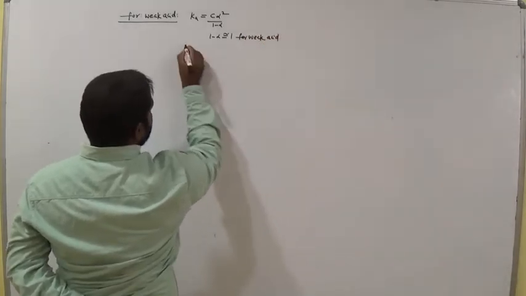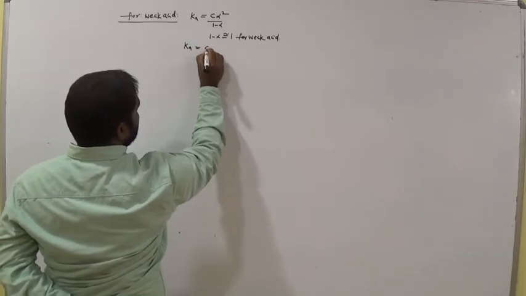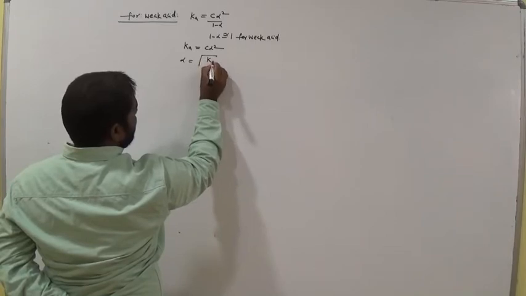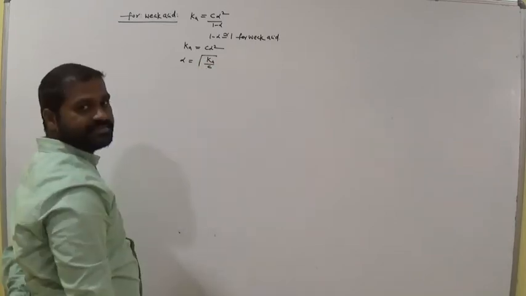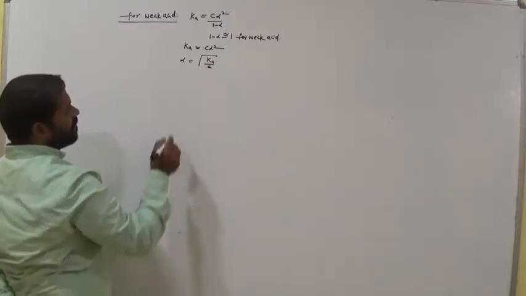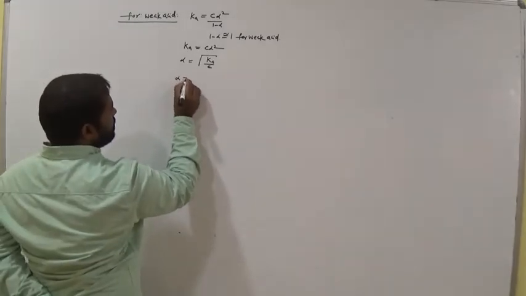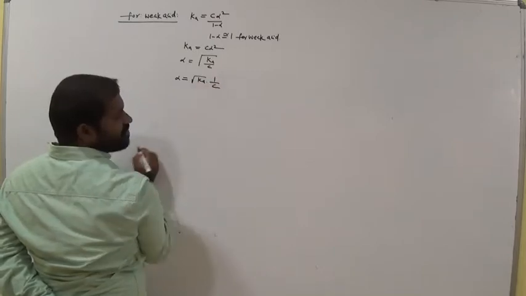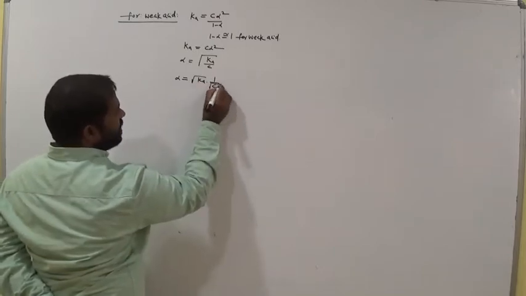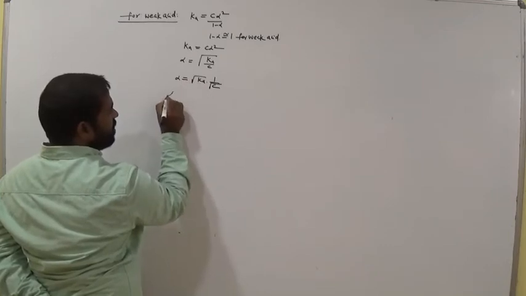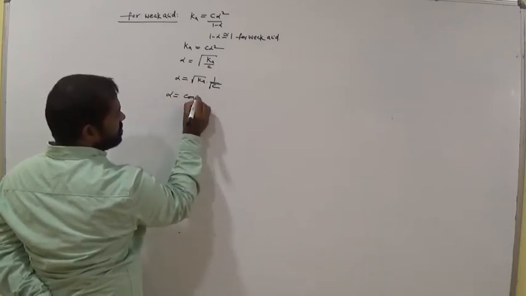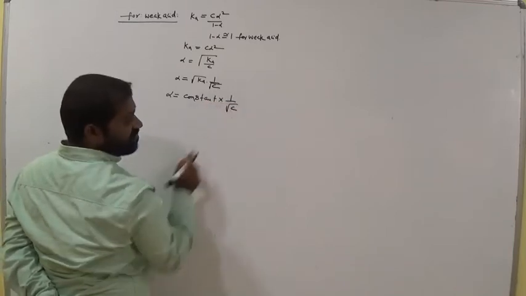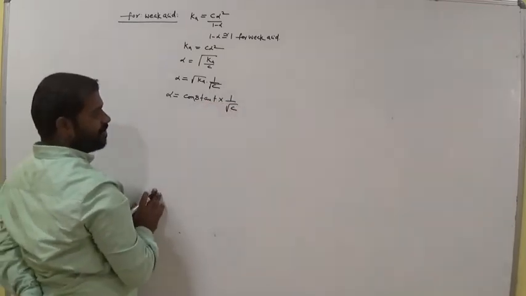Therefore, Ka equals C alpha square. From this, alpha equals square root of Ka by C, so alpha equals a constant into 1 by root C. Is it clear, all of you?